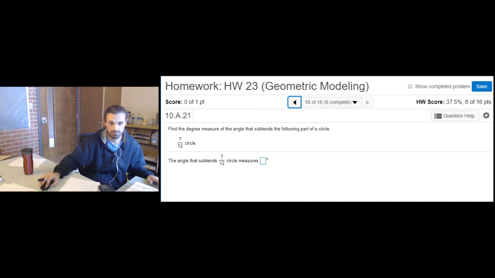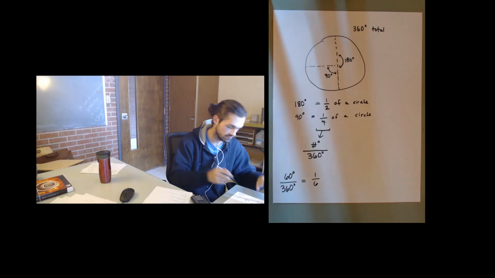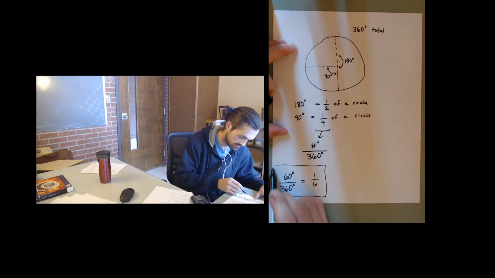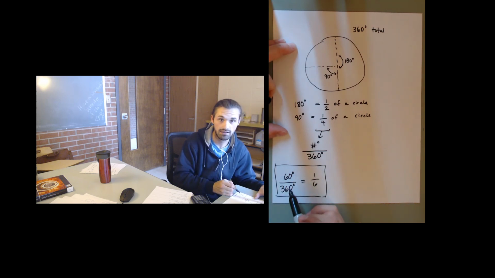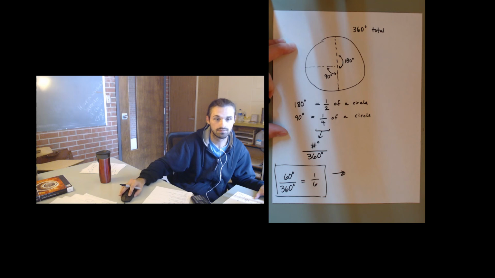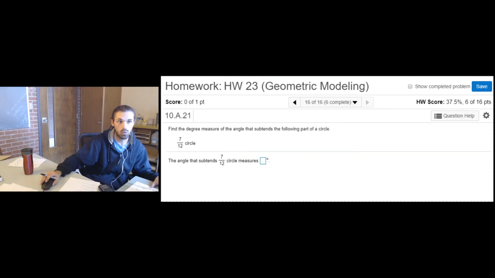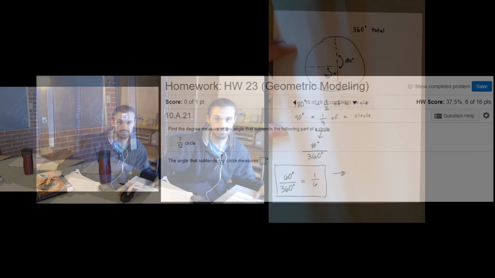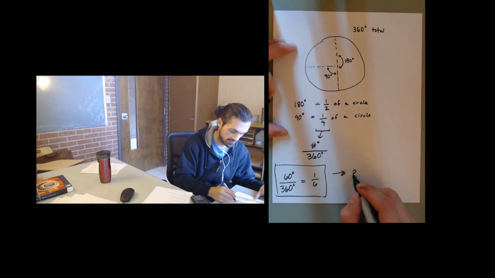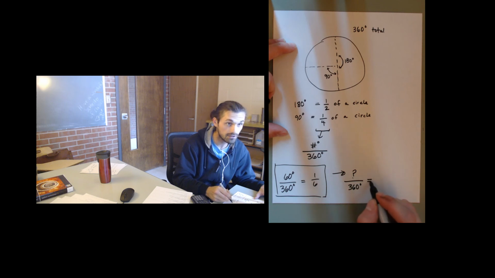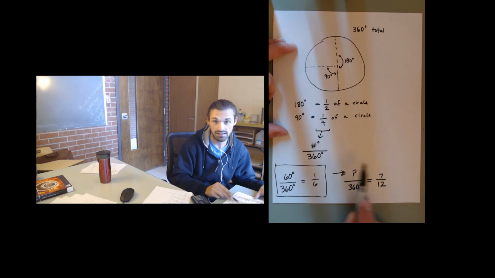Alright, so from where we left off, recognize degrees divided by 360 gives me the fraction of interest. So what I have going on here would be 7/12 is the fraction of interest. Some degrees divided by 360 degrees is equal to 7 over 12. We'll recognize we are taking this equation and we're solving for this question mark.